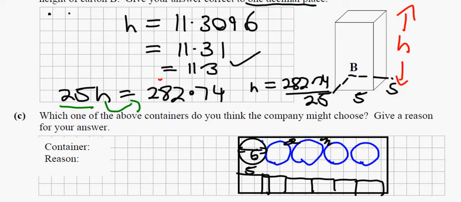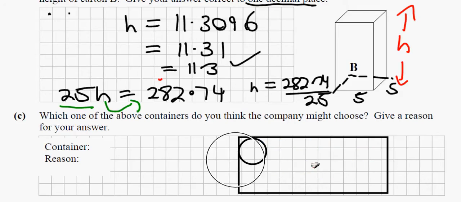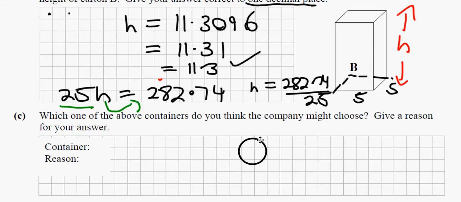So what we can also write down for this answer: you can argue both ways. To be frank, you can do a height argument, or you can do a space argument. So container B, the box.